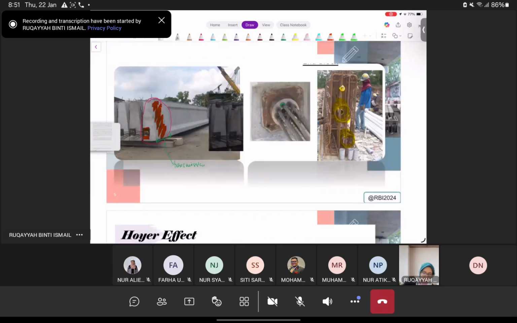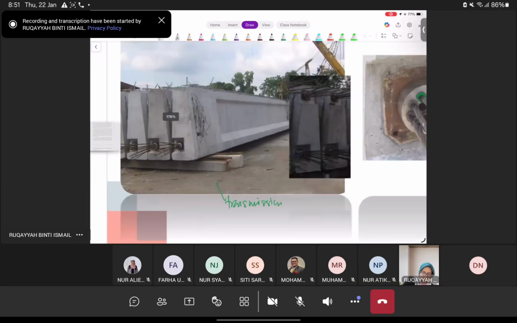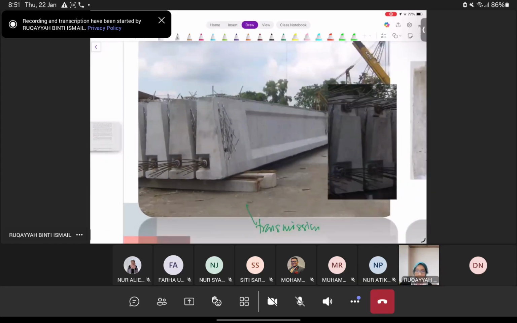Okay, so this picture is shown like I sketched here. You can see it's located at the end of the member, and there is bursting reinforcement, shear links, designed at that particular part, and this is where the tendon is fully anchored.